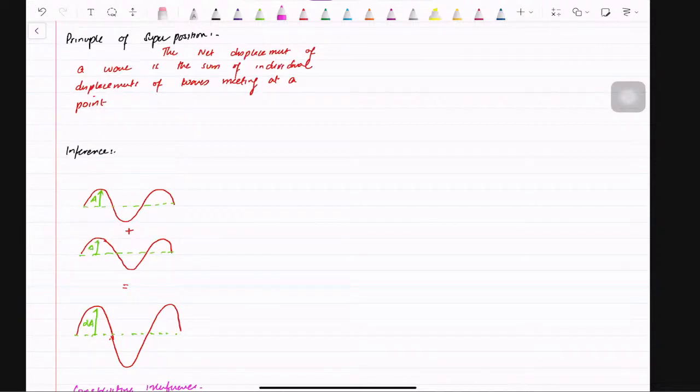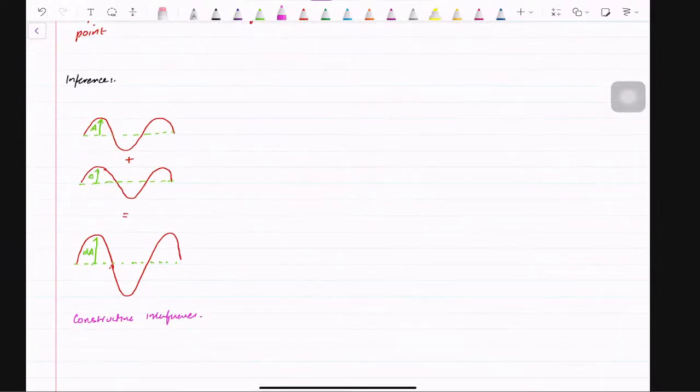Constructive interference is possible when two or more waves meet at a point with 0-degree phase difference, or you could say that are in phase.